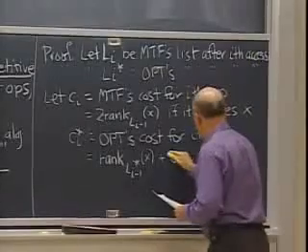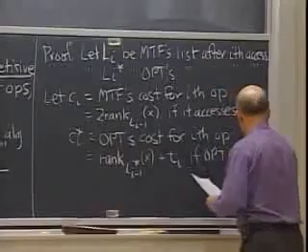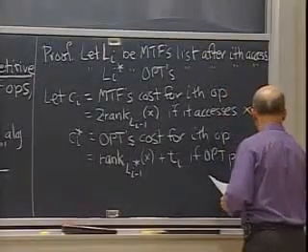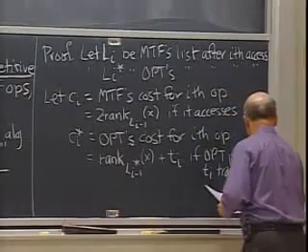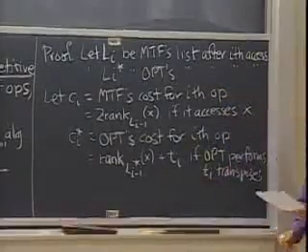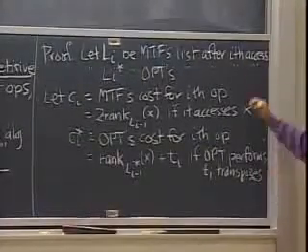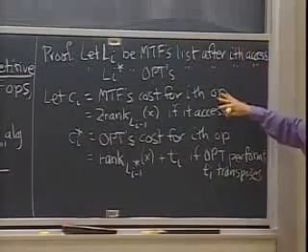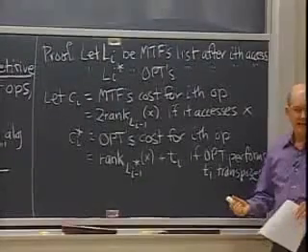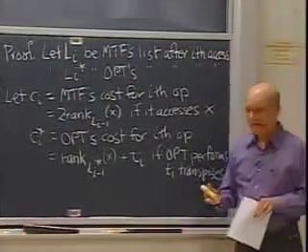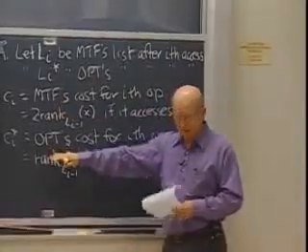And then some number of transposes, t sub i, if OPT performs t sub i transposes. Okay? So we have the setup where we have 2 different lists that are being managed, and we have different costs in the lists. And what we're interested in is comparing in some way MTF's list with OPT's list at any point in time.